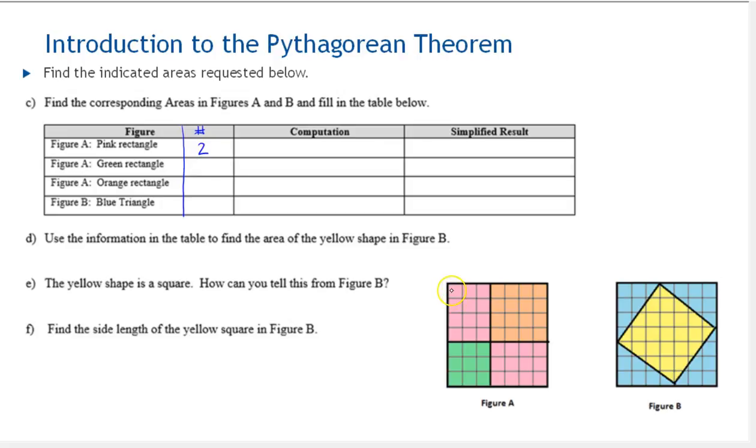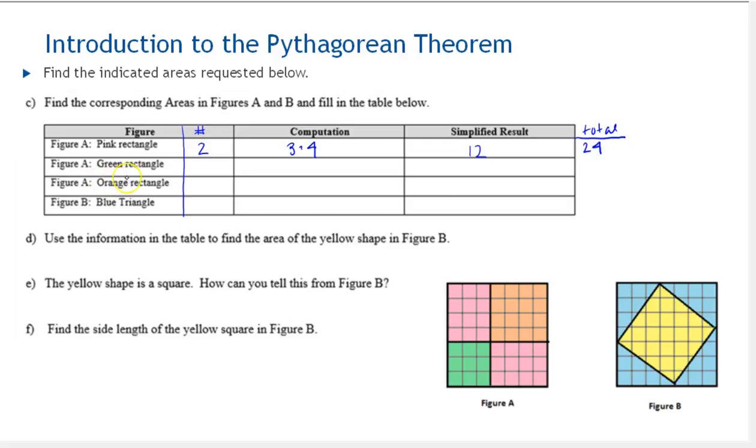The rectangles have one side of length 1, 2, 3, and another of length 4. So this would be 3 times 4, and 3 times 4 is 12. I'm going to make a total column. Since there's two pink rectangles with area 12, their total area is 24.